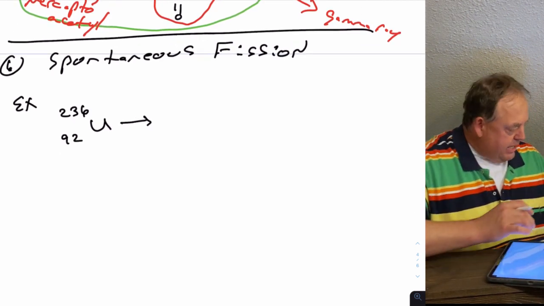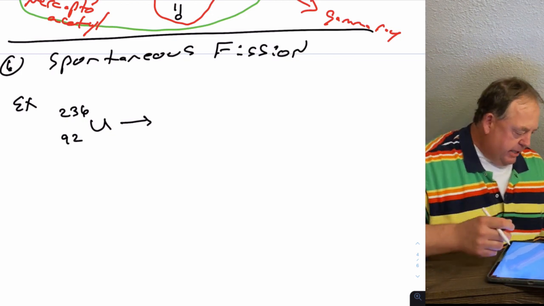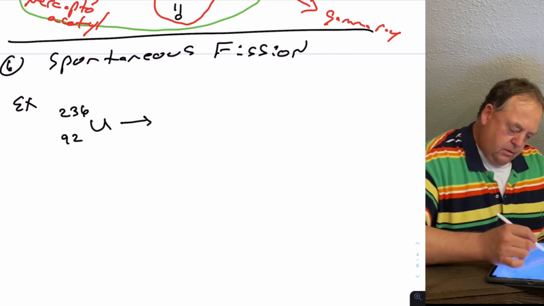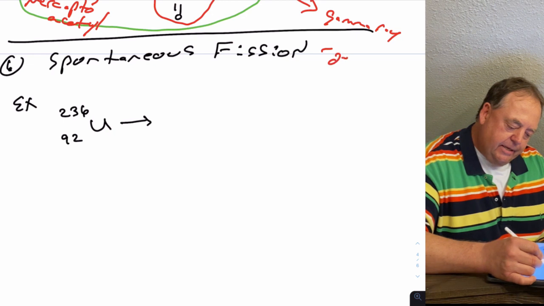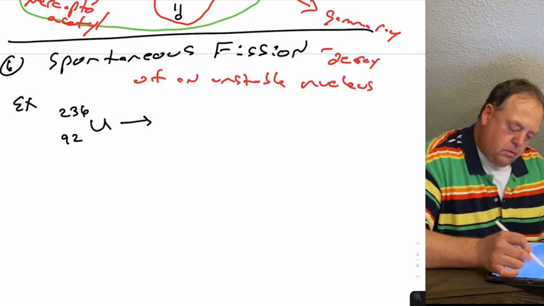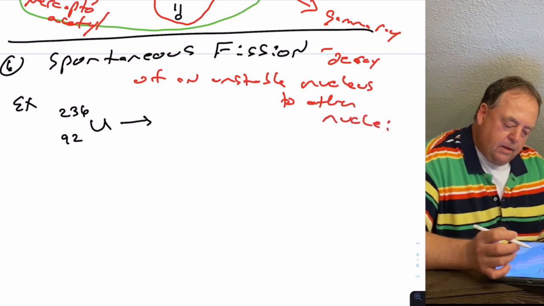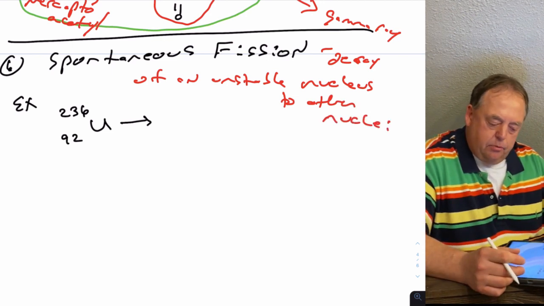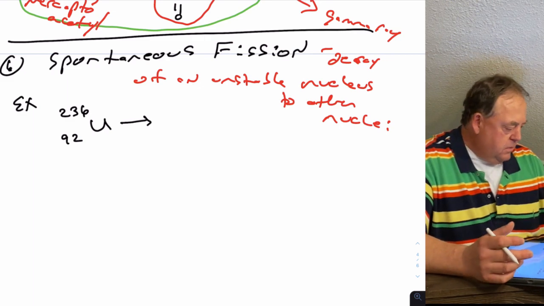Okay, so one more example of a nuclear reaction, spontaneous fission. This is just a spontaneous decay, the spontaneous decay of an unstable nucleus to other nuclei.